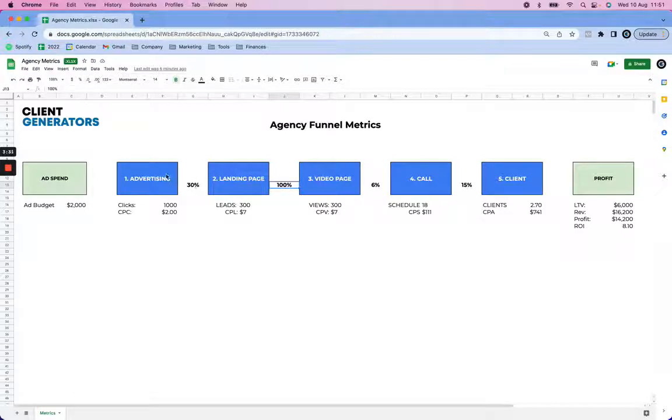So, the amount of people who click your ad and then opt in on your landing page, you should be aiming for around 30%. If your targeting is correct, if your ad speaks to the pains and the frustrations and the desires of your ideal audience effectively enough, you should get around a 30% conversion on this page.